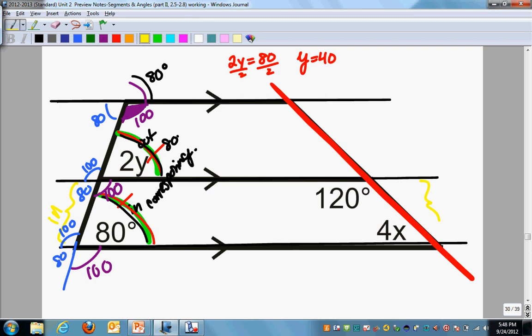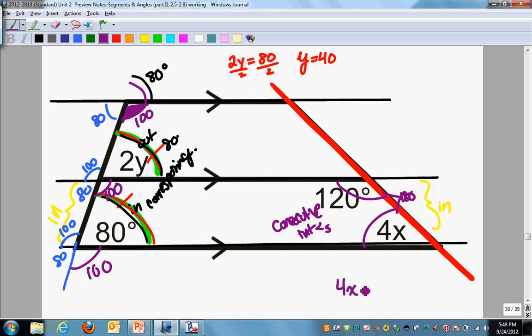This is our interior. Let's sweep our given angles. These are what's called consecutive interior angles. These are not congruent, but they do add up to 180.